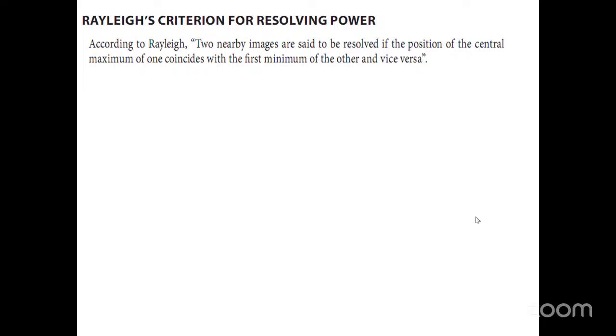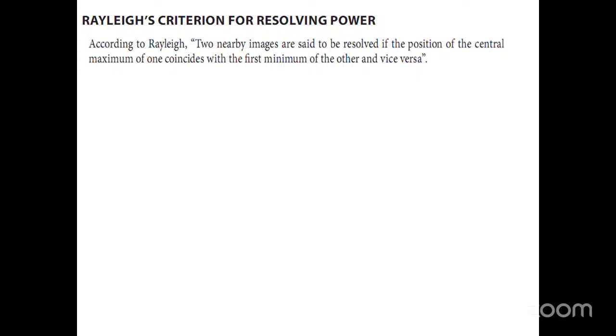Next, another important concept is Rayleigh's criterion for resolving power. This question is asked many times in examinations. So what do you mean by Rayleigh's criterion for resolving power, the resolving power of a grating or of a telescope?